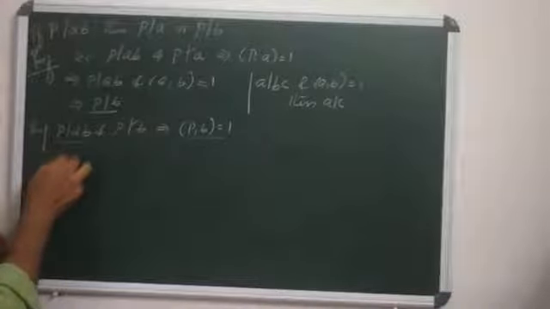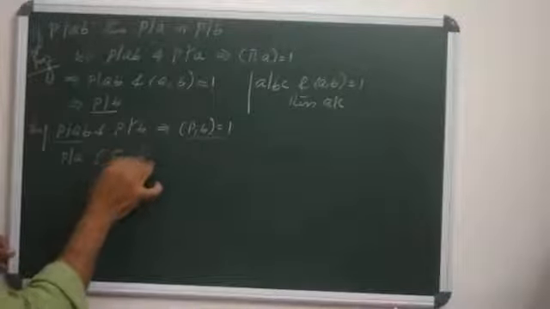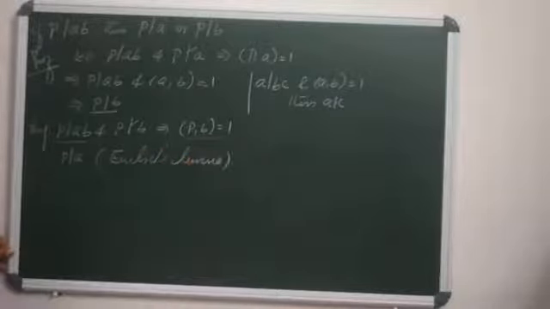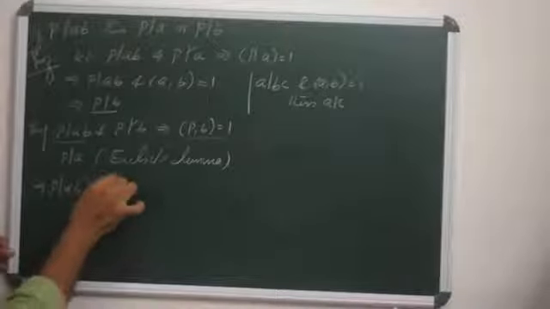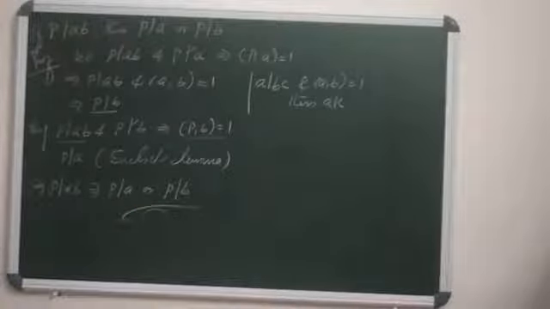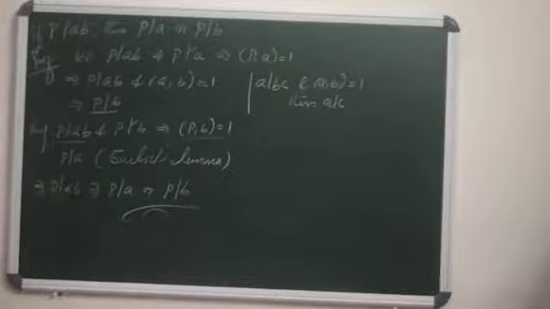Then, by Euclid's lemma, P divides A. So this combines to give: P divides AB implies either P divides A or P divides B. So this is the proof. If P does not divide A, then P and A are relatively prime, and by Euclid's lemma P divides B, and similarly for the next case.